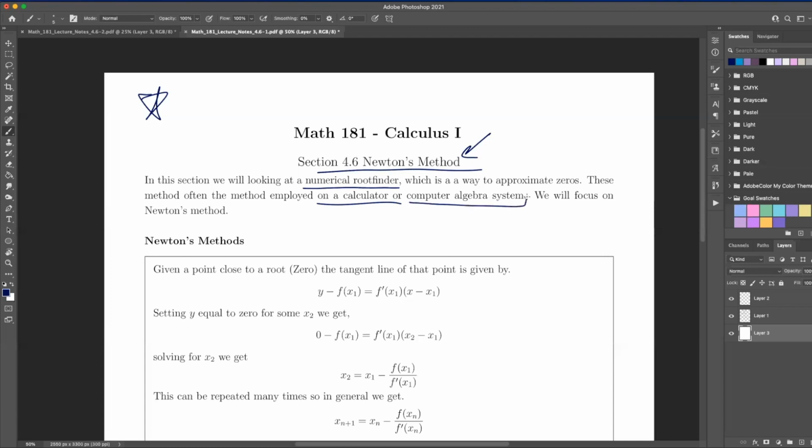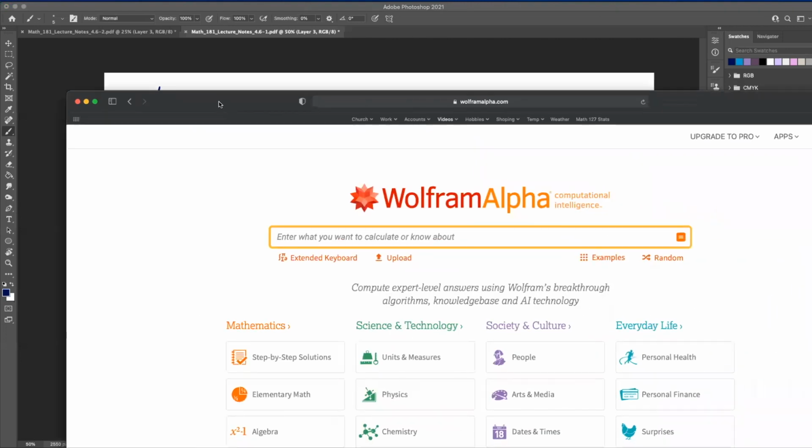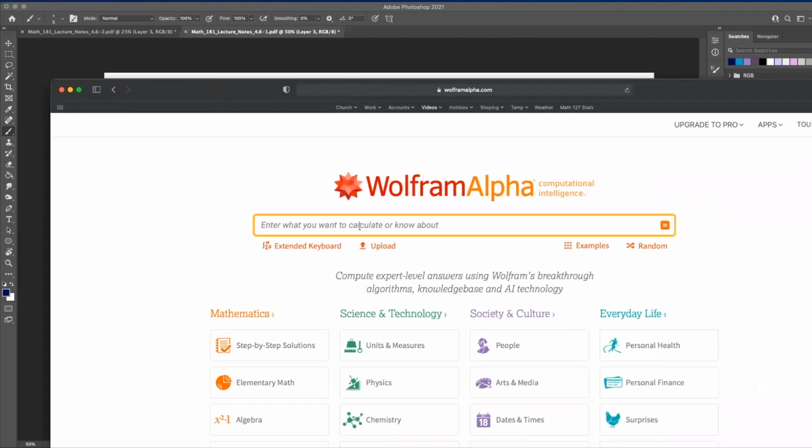Or a computer algebra system. So what's a computer algebra system? Well, we've been using one, right? The one we've been using for this course is Wolfram Alpha. This is a computer algebra system.